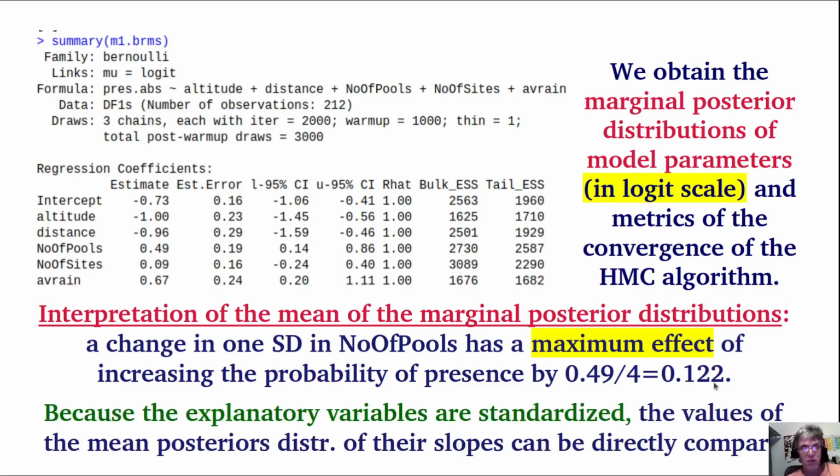Because the explanatory variables were all standardized prior to the analysis, the means of the posterior distributions of the slopes can be directly compared. In this way we can say that changing one standard deviation of altitude has twice the effect of changing one standard deviation of the number of pools on the logit of the probability of presence.